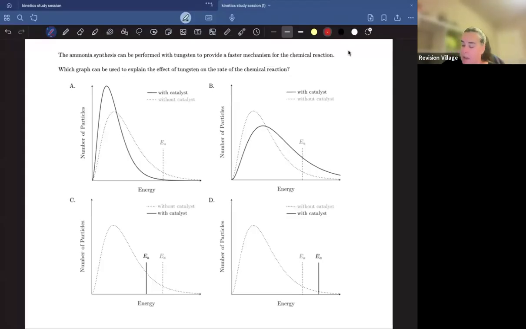And hopefully many of you said C. A couple of you put it in the chat, which I appreciate. Shows me I'm not alone. You can see that we've lowered the activation energy. And so again, all of these new molecules are going to be able to react and make us some ammonia.